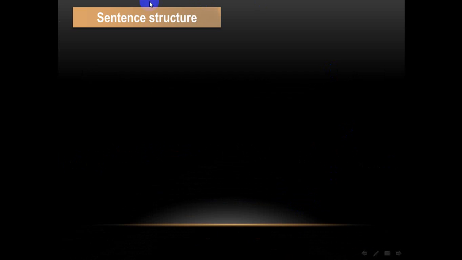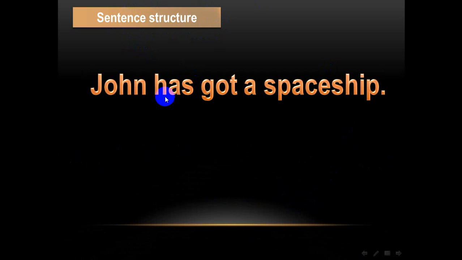So, how can I know the sentence structure? How can I make it? We have here, John has got a spaceship. Who can tell me the subject of this sentence? John is the subject.